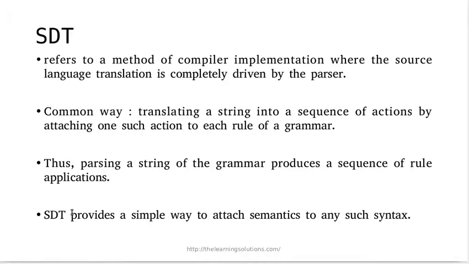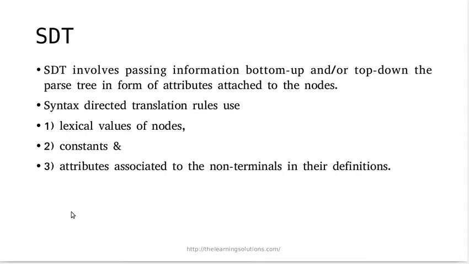That means one by one, when we reduce symbols in a given grammar, the actions will be applied. So SDT provides a simple way with which we can add some semantics to a given syntax tree.